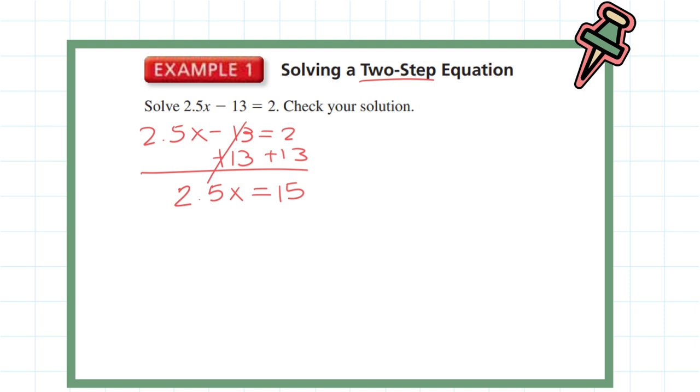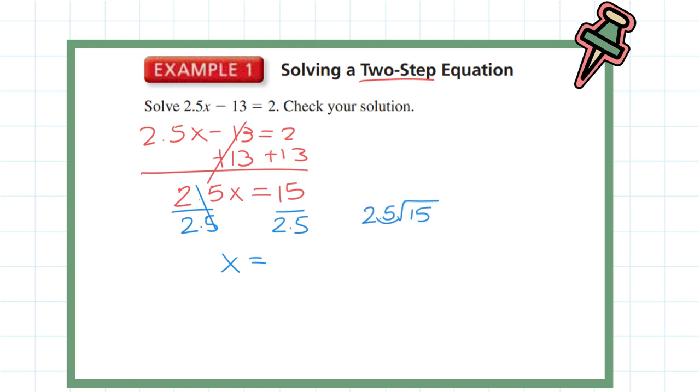I simplified. Now I'm going to undo this multiplication with the 2.5x by the inverse, which is division. So I'm going to divide by 2.5, and x equals 15 divided by 2.5.